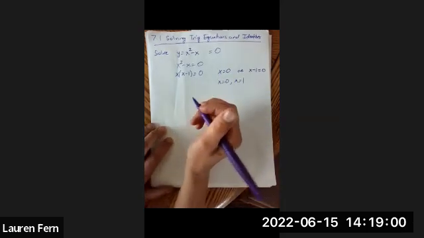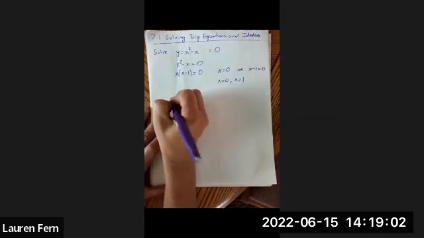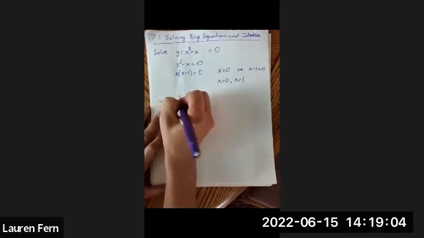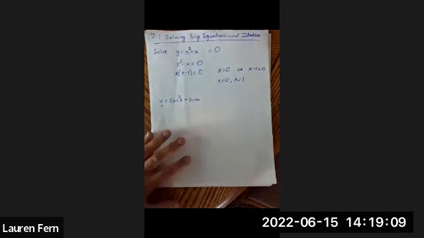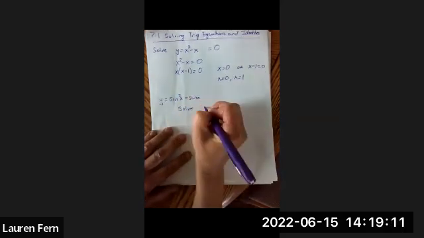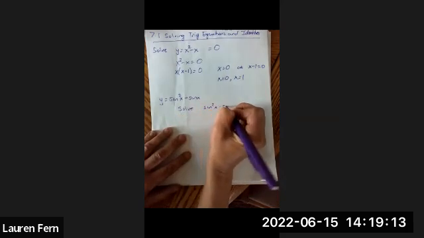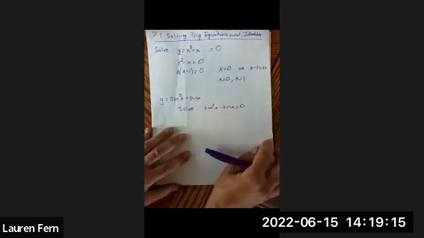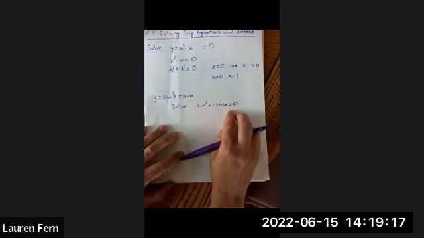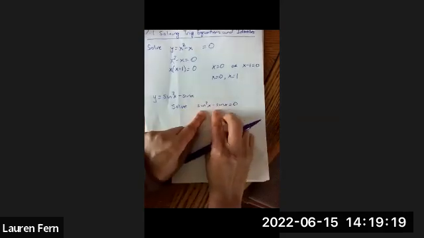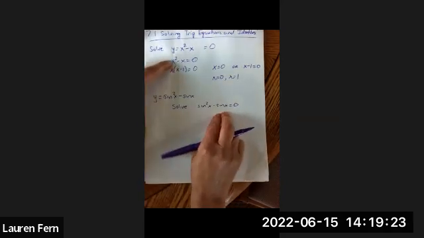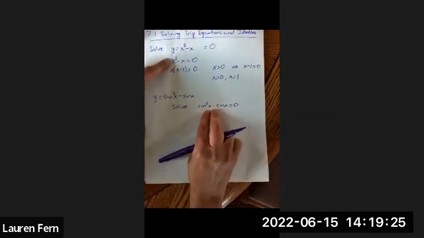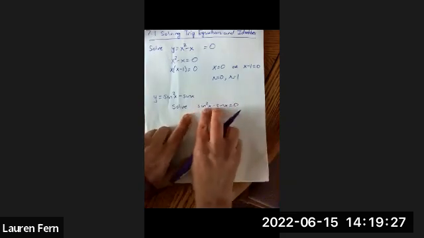But what if I change that? What if I have this function, y equals sine squared x minus sine of x, and I want to solve that equal to 0? The same techniques work. And I understand this looks a lot more complicated, but I claim it's the exact same sort of process, okay?